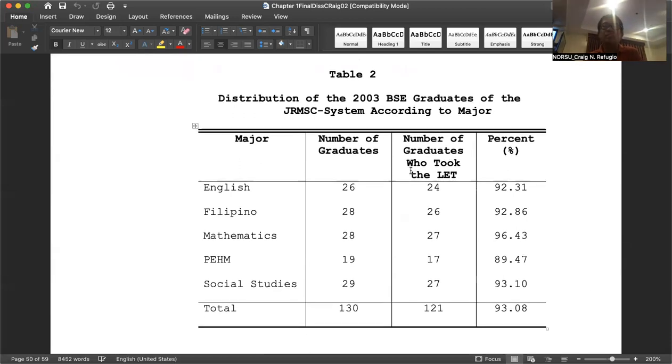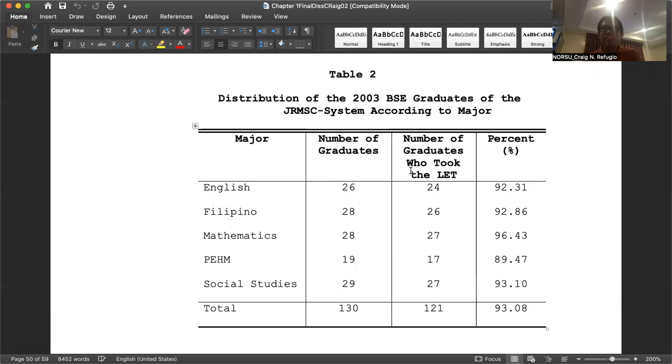So we have English 26, the number of graduates who took the licensure examination 24, and the equivalent percent is 92.31. Of course, you know the basic math on how you are going to compute the percent. That is actually 24 divided by 26, then times 100. So you get 92.31%. Then so forth and so on up to social studies, 29.